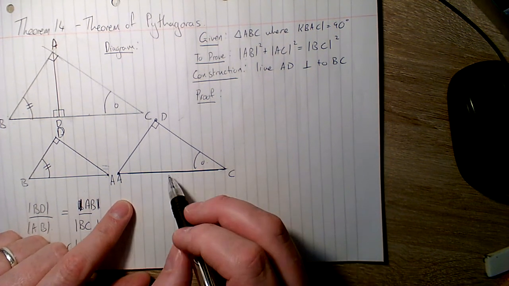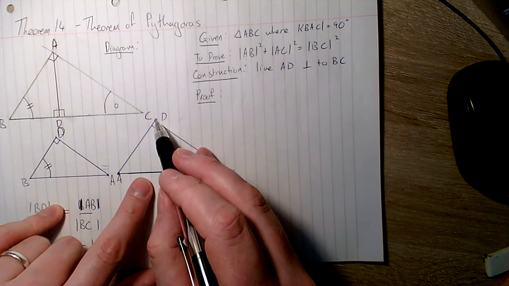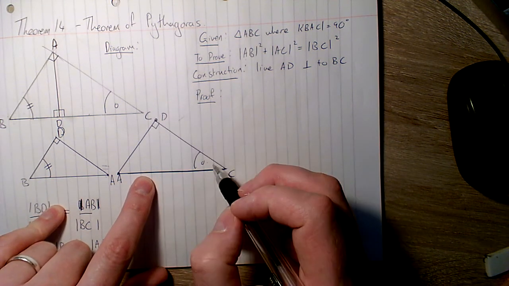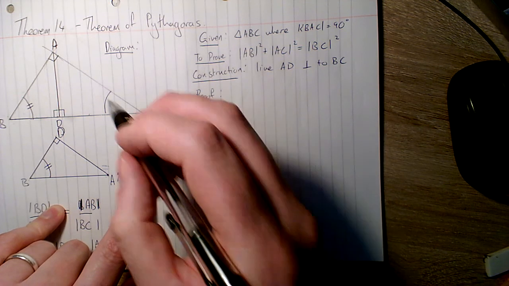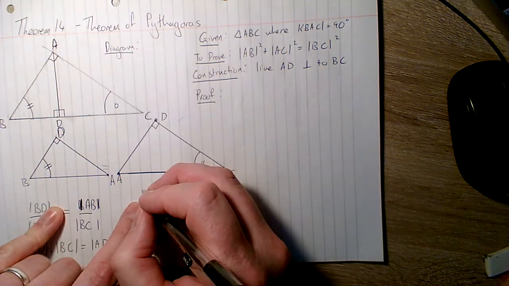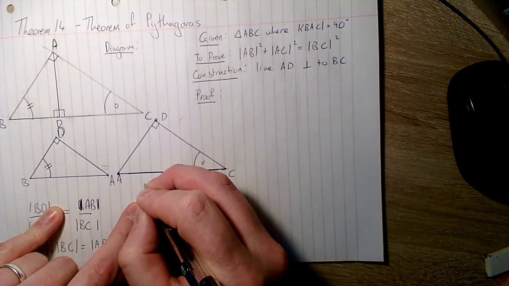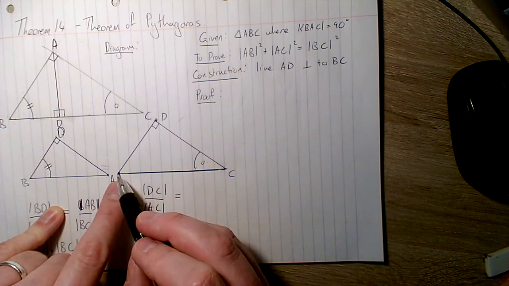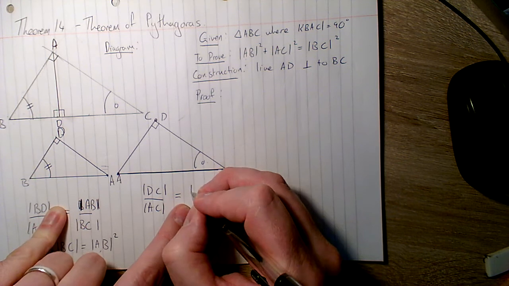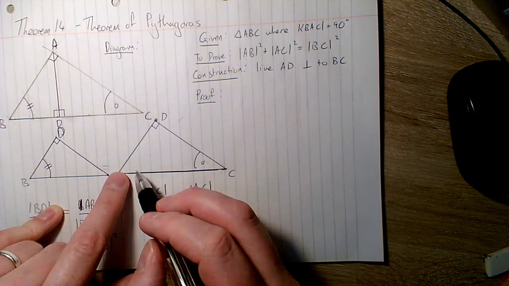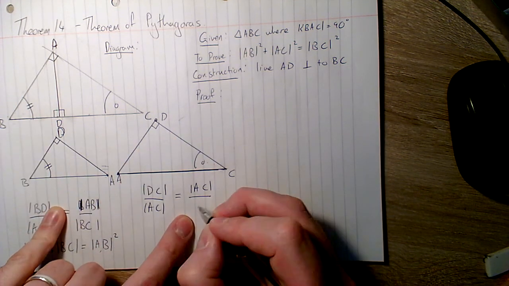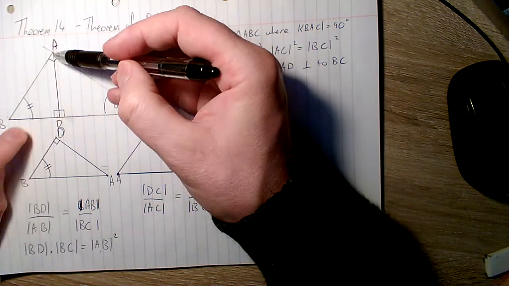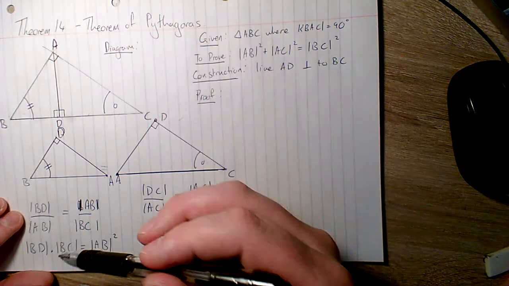So that means we can say that DC in this triangle corresponds with AC in this triangle. So DC divided by its corresponding side in the big triangle, AC, will be in the same ratio as AC in the smaller triangle divided by its corresponding side BC. If you're wondering which sides to pick, the general rule as you work through this theorem is stay away from AD. You'll never be interested in that middle line.